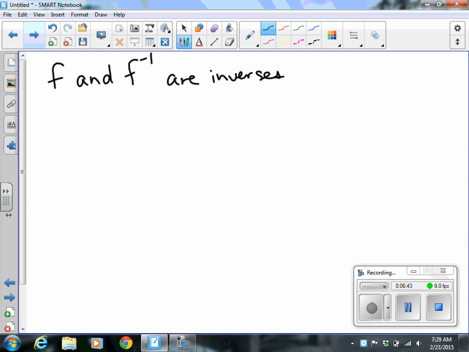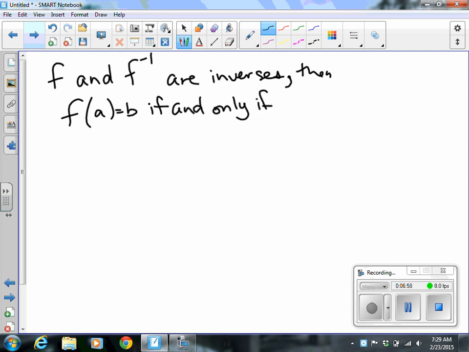If those two are inverses, then f of a equals b if and only if, notice we're going back to geometry with that, f inverse of b equals a. Okay, this looks kind of goofy right now, but don't worry, you'll get it once we go through an example.